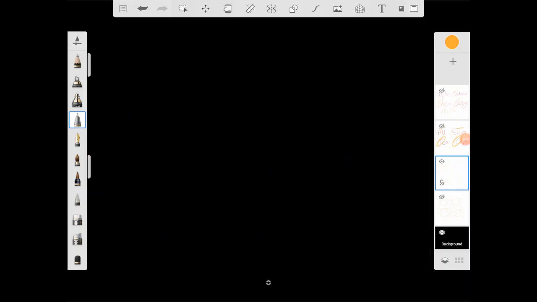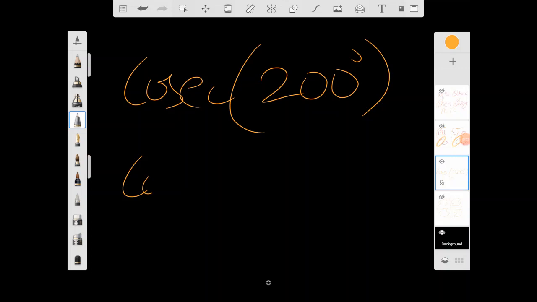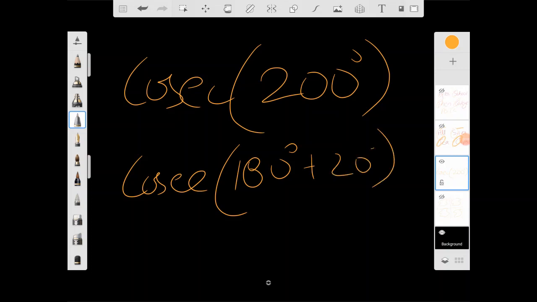Let's go for another example. Leave sine, I've been doing sine a long time. Cosec of 200 degrees. How to find? Cosec of 200 degrees is equal to cosec of 180 degrees plus 20 degrees.